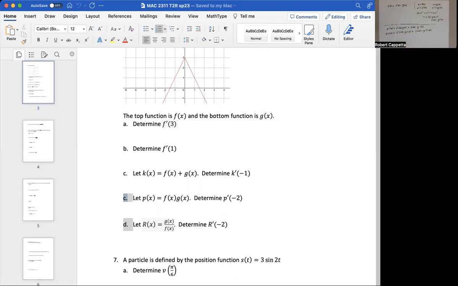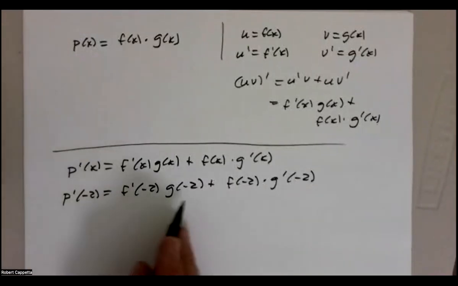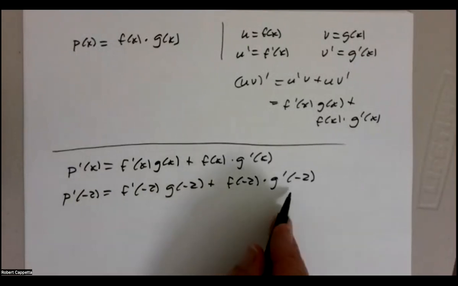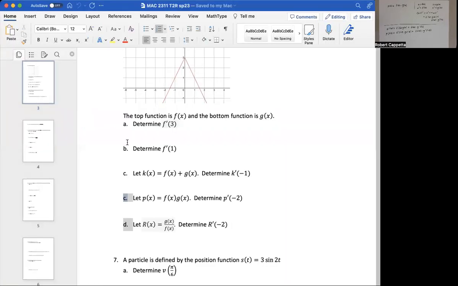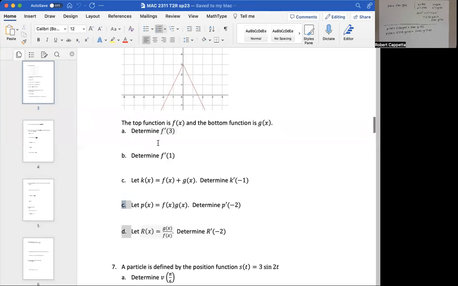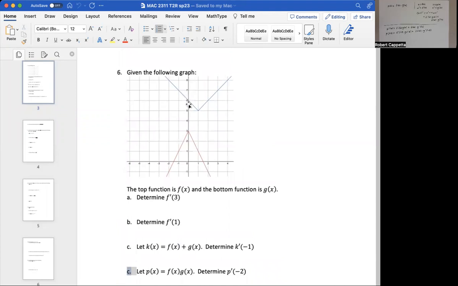Okay, let's look at our picture. So again, that's what we need. F prime of negative 2, G of negative 2 plus F of negative 2, G prime of negative 2. What is F prime of negative 2? Well, at negative 2, F is the top function, right?